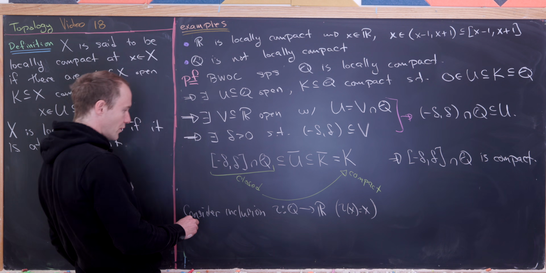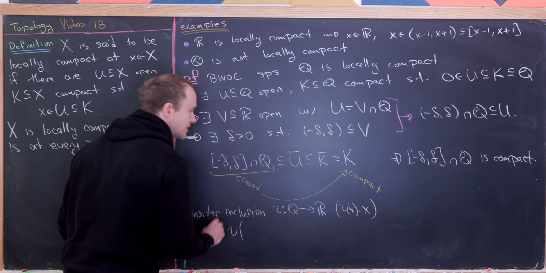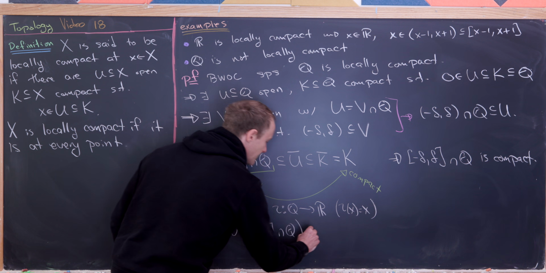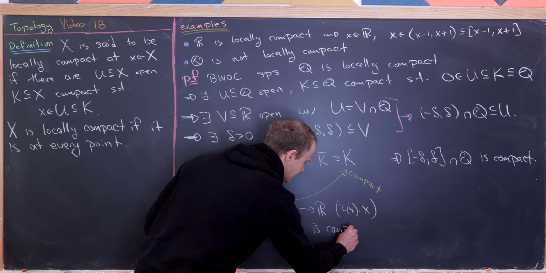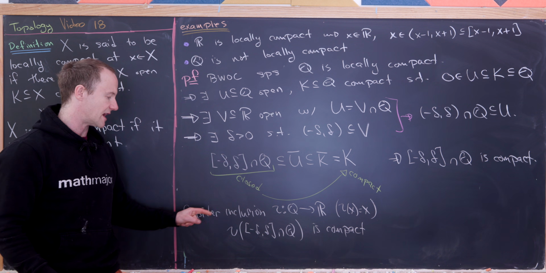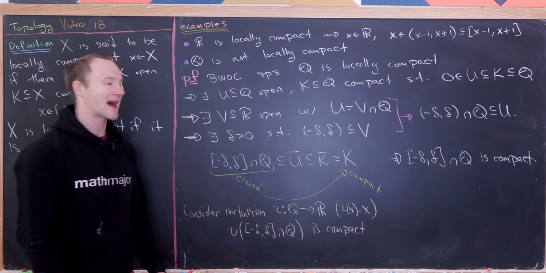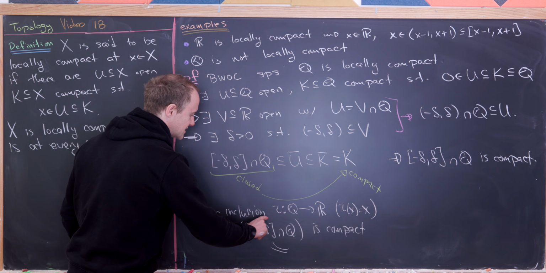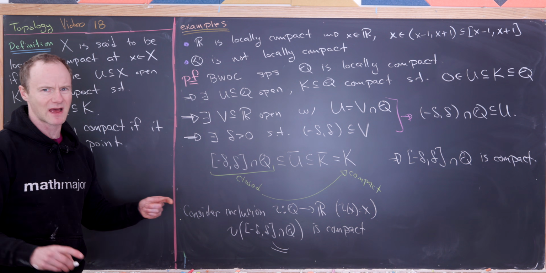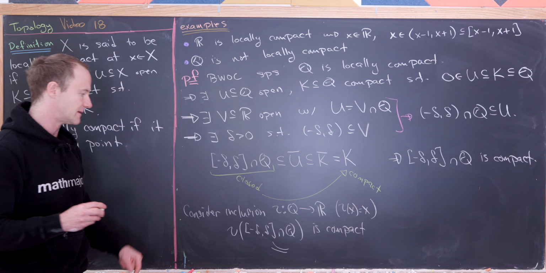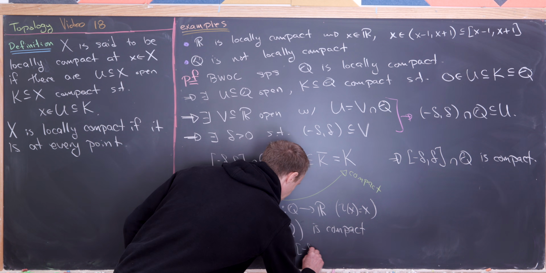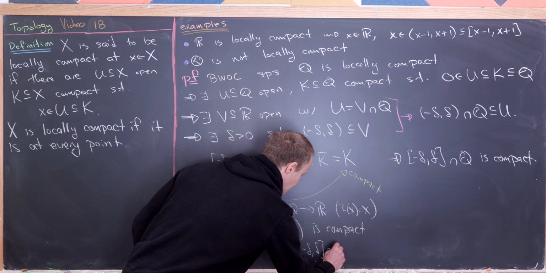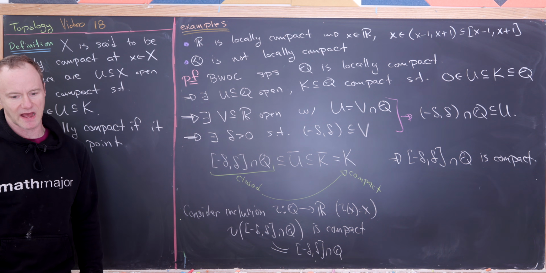But then what do we know? We know that the inclusion map applied to this minus delta to delta intersected with Q is compact. And why is that? Well, notice that it's a continuous image of a compact set. But then notice that over here, this is just something inside of Q. So the inclusion map kind of acts like the identity. It's almost the identity. And so that gives us minus delta to delta intersected with Q. So that thing itself is compact.